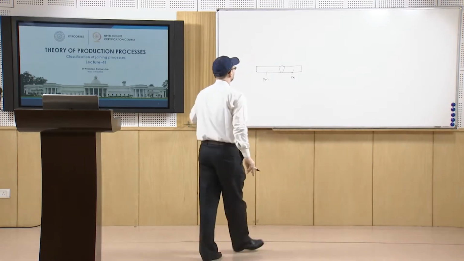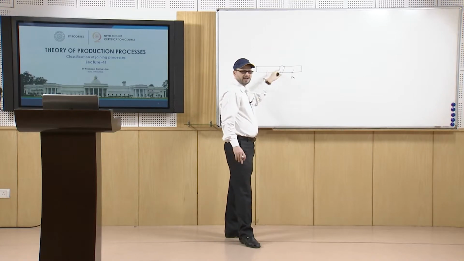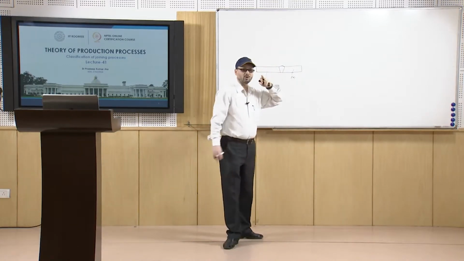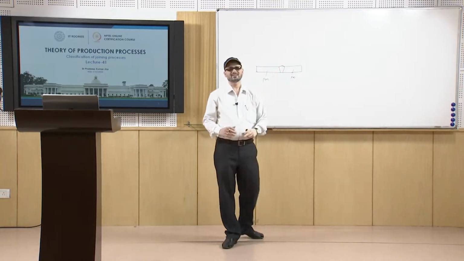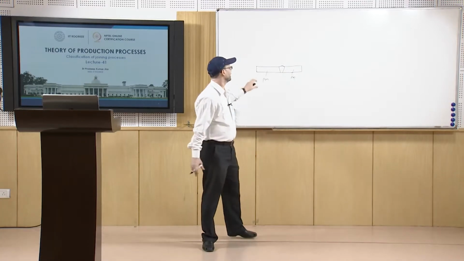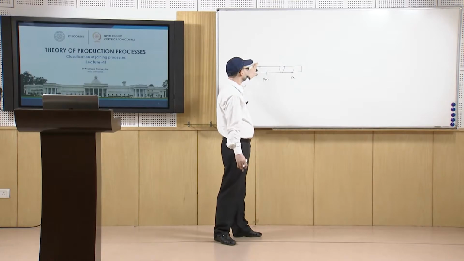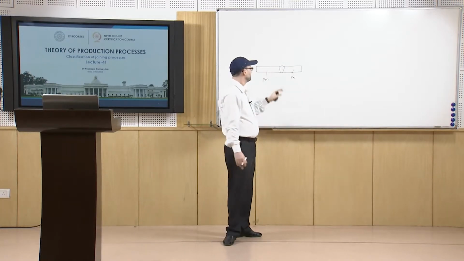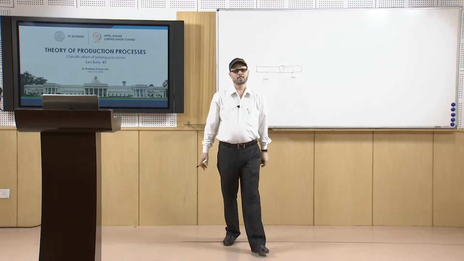In that you have different properties, and in the case of homogeneous, since these have the same compositions, their properties will be similar. So, it is like a uniform property material, whereas in this case the property will not be uniform; this will have the same property, but this property may be inferior.